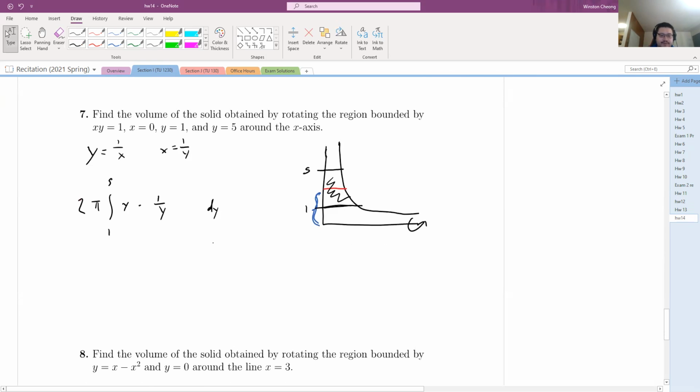Well, that looks like a very simple integral because it simplifies to just integrating 1 dy from 1 to 5, which when you integrate, you end up with y on the inside, and you evaluate from 1 to 5. So you get 5 minus 1. So in total, you have 8 pi as the area, or volume, rather, because this is figuring out the volume of the solid of revolution.